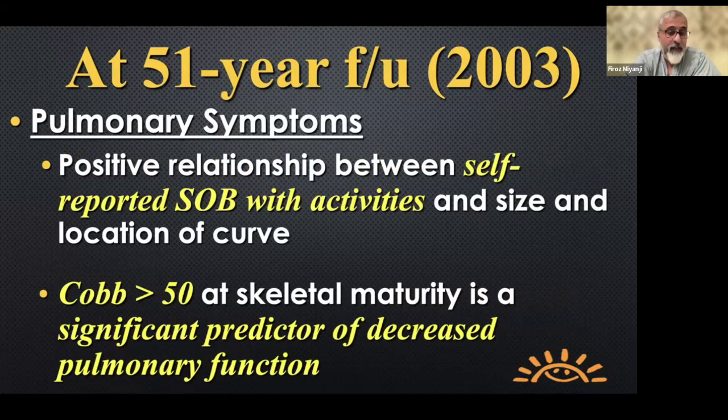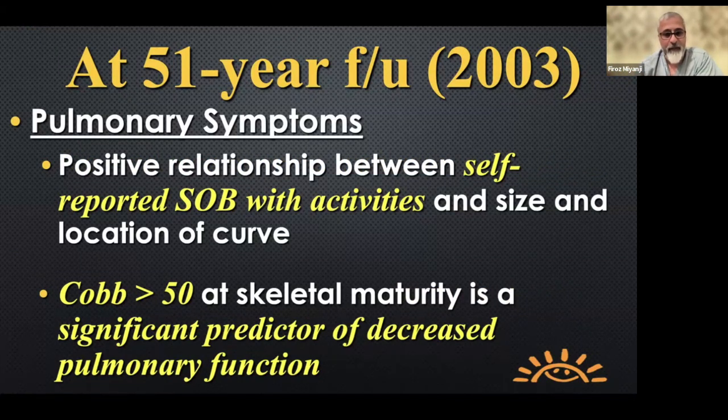So again, with thoracic curves that were larger, these patients complain more of shortness of breath with exertion. And they found that, again, curves greater than 50 were a significant predictor of decreased pulmonary function. So a greater magnitude. Now, the challenge with just looking at pulmonary function for some of these patients is that as we age, your pulmonary function will also be impacted, smoking, et cetera.